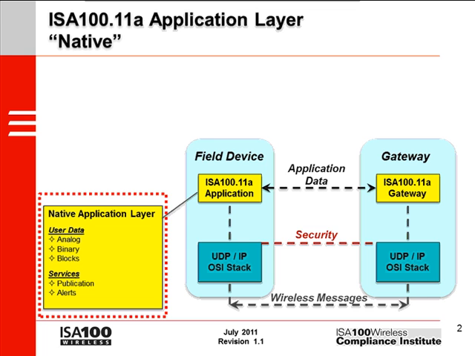Wireless communication services transmit this data to a gateway or some other remote location. Two types of services are mentioned on this slide, publication and alerts. Roughly speaking, publication is when a gateway configures a device to transmit data periodically, such as every 30 seconds. Alerts are when a device is configured to look for trigger points and send a message whenever exceptions occur.